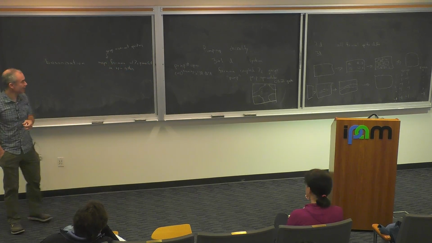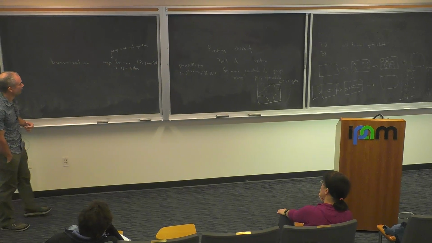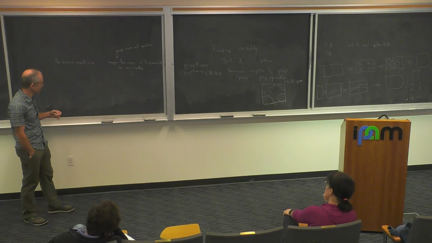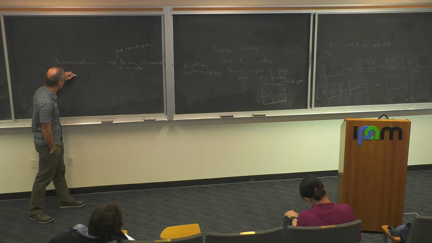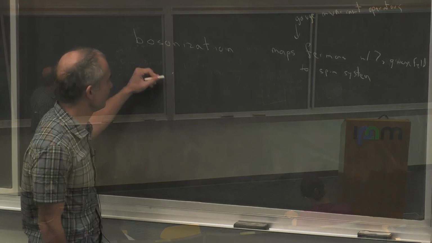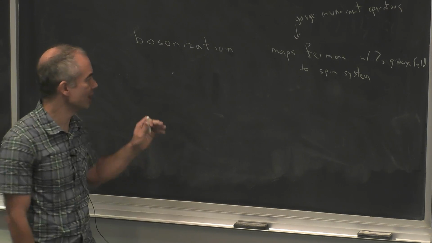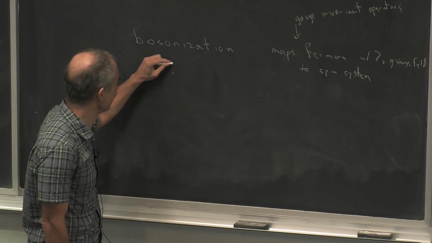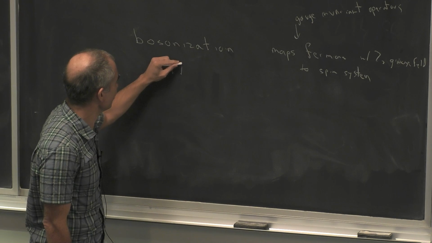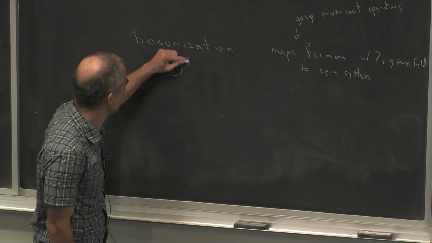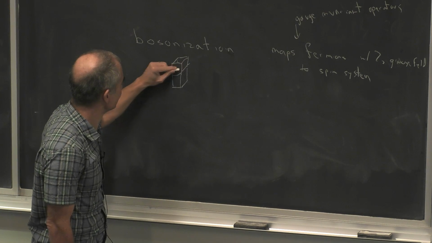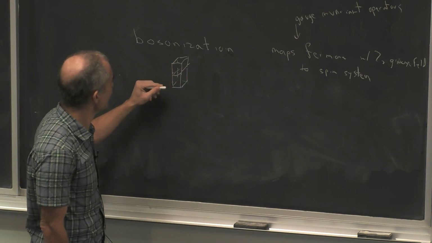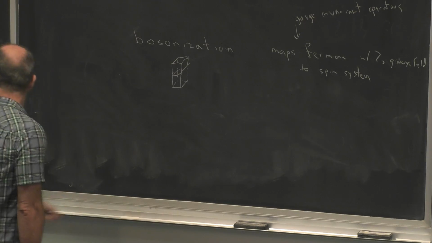And a simplified form of this QCA is as follows. This bosonization map works in any dimension. You have two such lattices. You have one cubic lattice, and then inside it you have another cubic lattice.